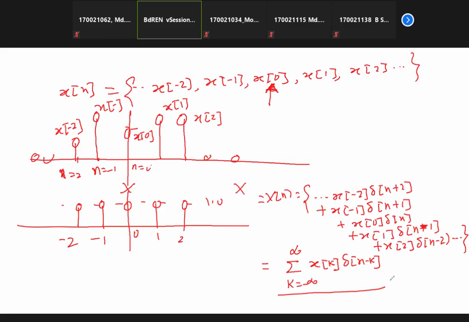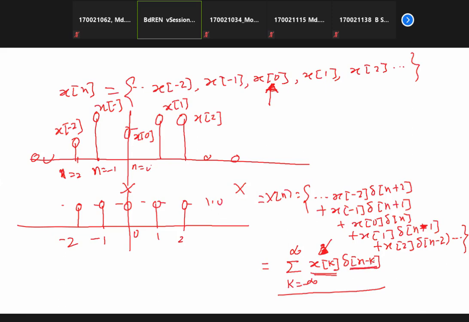In the case of a continuous time signal, we can express the signal as a weighted integral of impulses. Similarly, a discrete time signal can be expressed as a weighted sum of impulses. The weight factor will be the magnitude of your signal at the location of delta, because x[k] is the magnitude of your signal at the location of your delta.